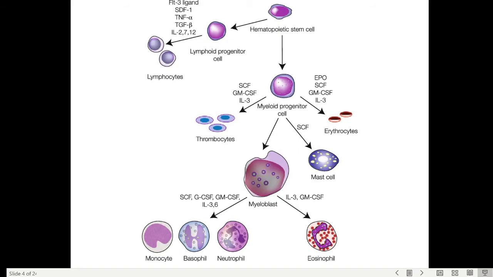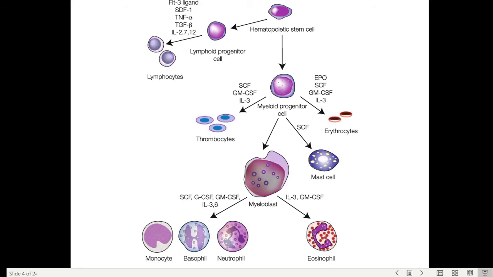The question here is: what are the signaling compounds responsible for the lymphoid progenitor cell? It is not a direct question. They give a paragraph explanation, and in that they mention these chemical compound names, that is FLT3 ligand, STS 1, TNF alpha, TGF beta. Those kinds of words are mentioned in the particular line.